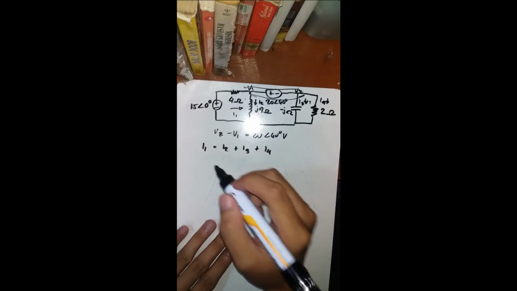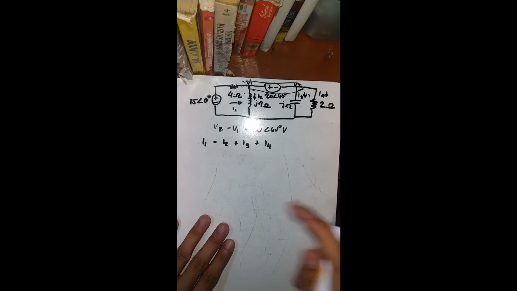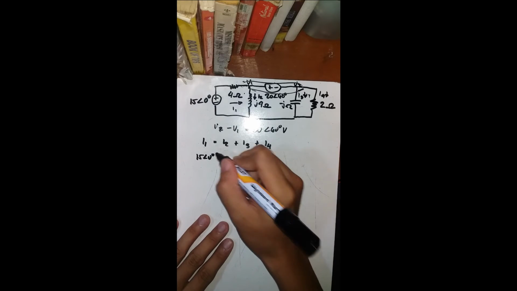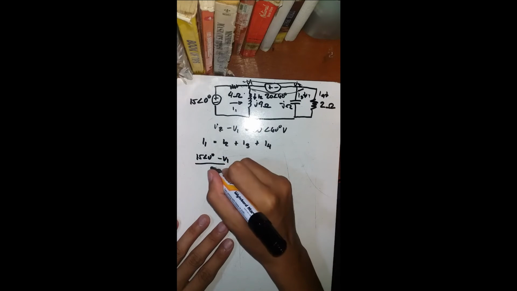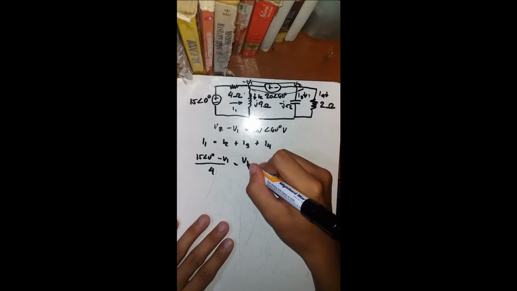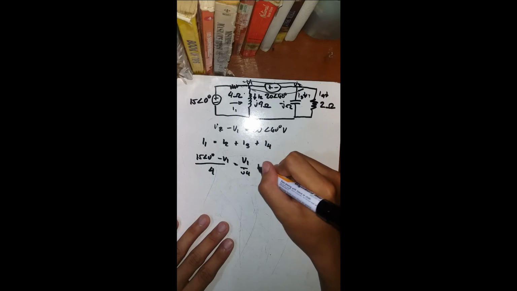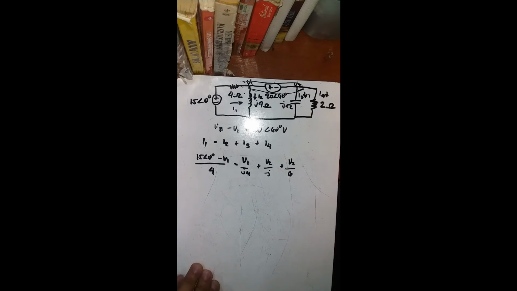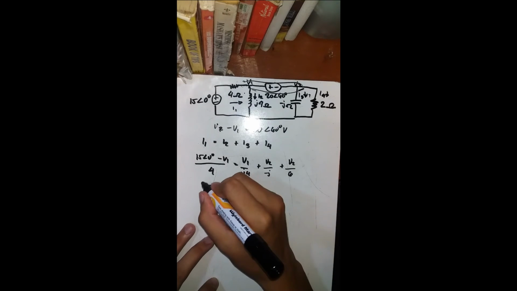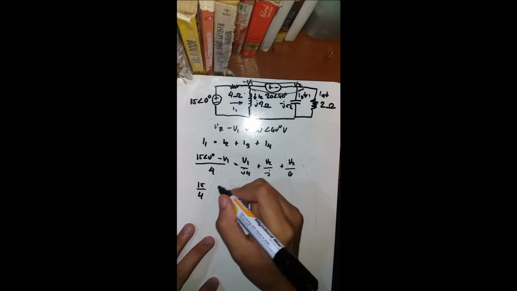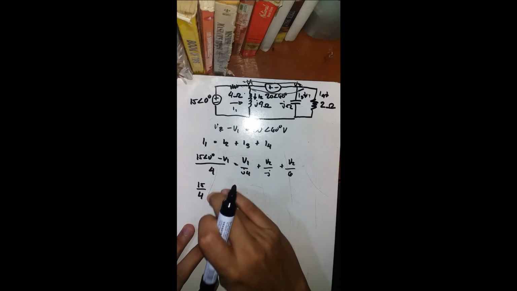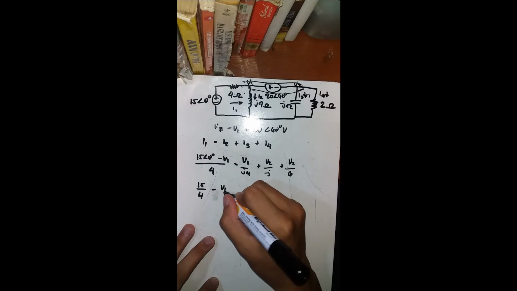From there, we will use our KCL. So we have 50 angle 0 degrees minus V1 over 4 equal to V1 over j4 plus V2 over negative j plus V2 all over j. From there, we simplify this further, and we have 15 over 4 angle 0 minus V1 over 4.